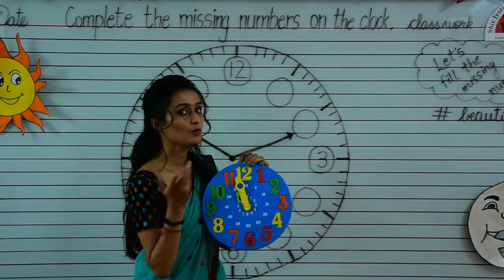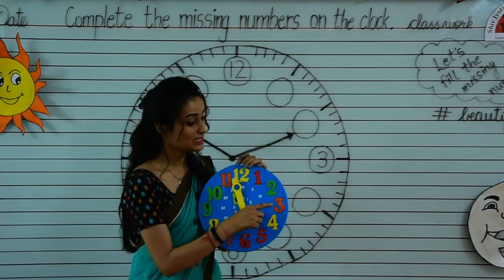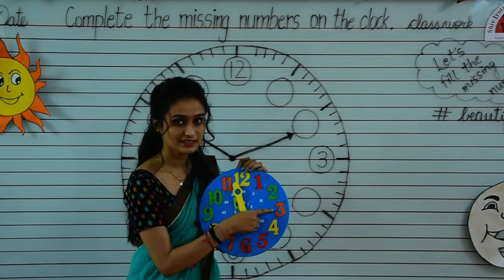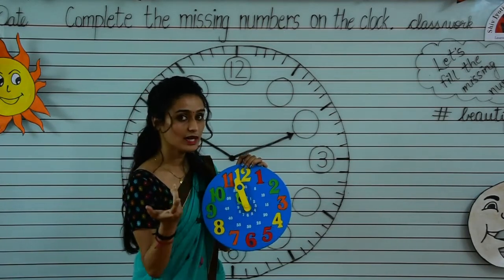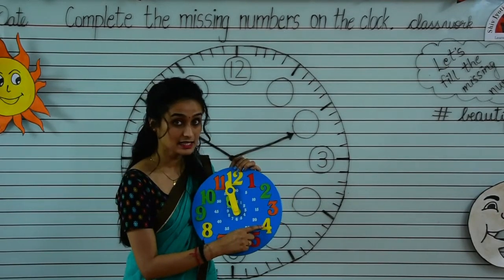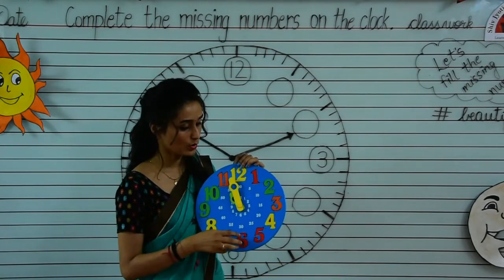After 2, which is this number? Yes, you all are right. This is 3. What comes after 3? After 3, this is 4.